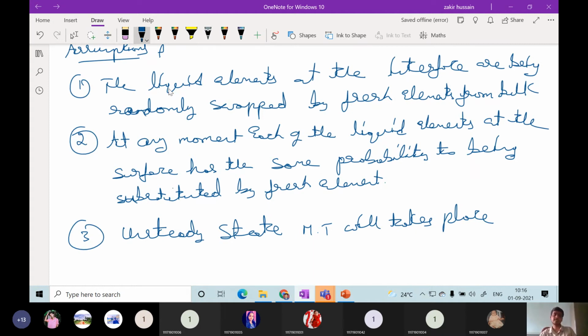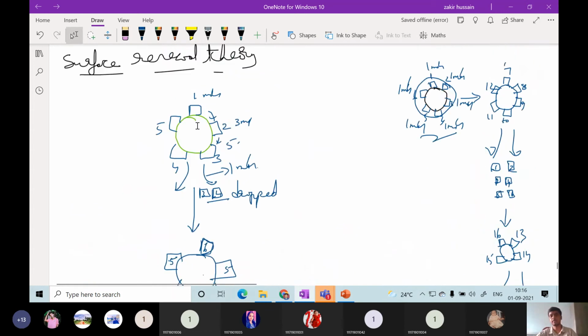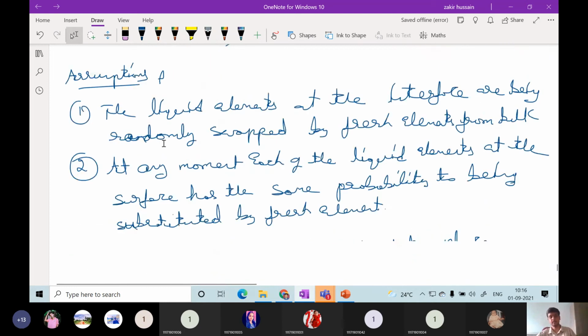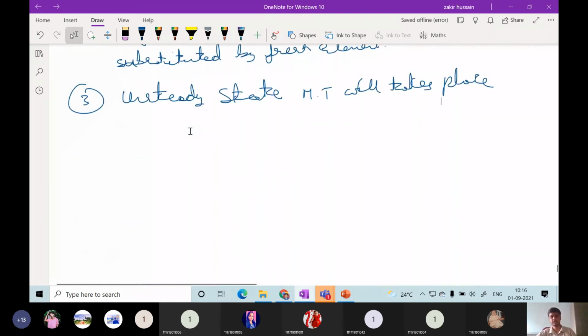So the first assumption is every liquid element will be randomly swapped, replaced with a fresh liquid element, but at the same time every liquid element will have the same probability of replacement by the fresh elements from the bulk of the liquid phase. That's the second assumption. And the third assumption is that unsteady state mass transfer will occur.